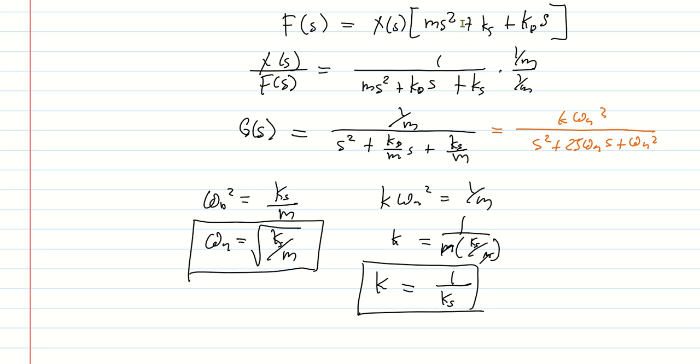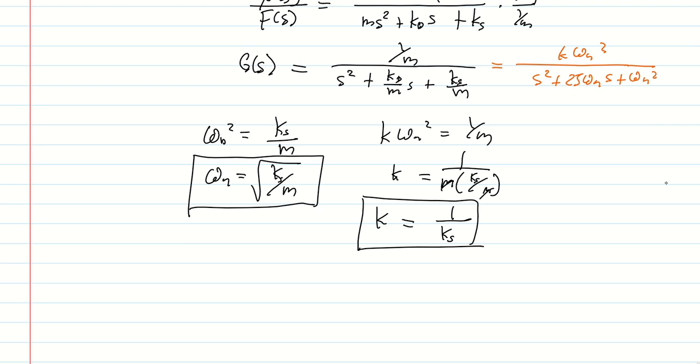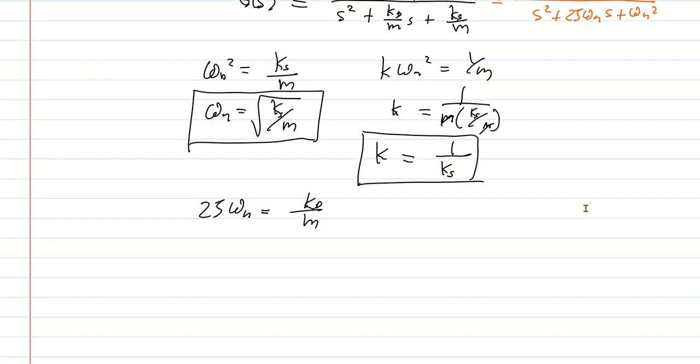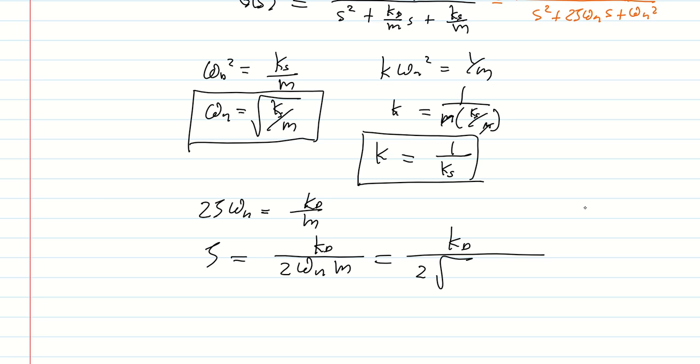Then lastly, for the damping ratio, zeta. 2 zeta omega n should be equal to kd over m. Solving for zeta, zeta will be equal to kd all over 2 omega n times m. But omega n is equal to the square root of ks over m. So zeta will be kd all over 2 times the square root of ks over m, times m.